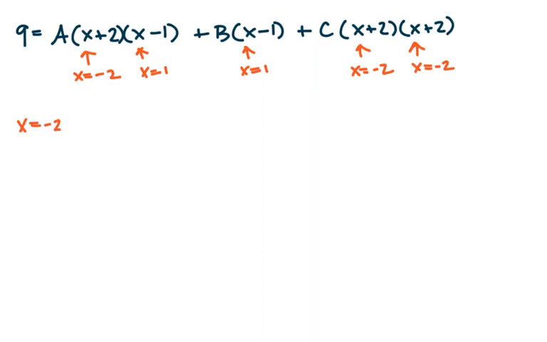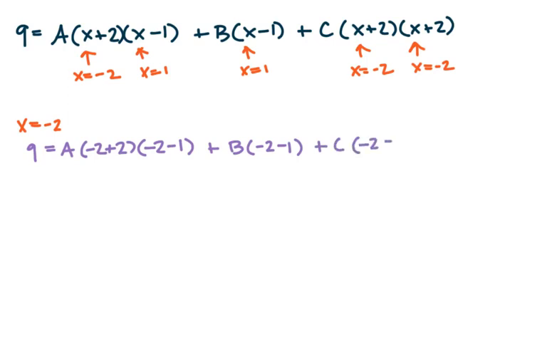And what that leaves me with is 9 equals a times (-2 plus 2) times (-2 minus 1), plus b times (-2 minus 1), plus c times (-2 plus 2) times (-2 plus 2).